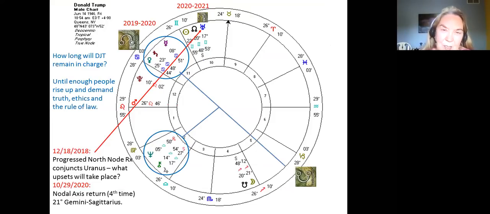And this is a slide I previously used, so I just brought that in there. And basically to show you, here's where the transiting nodes are up here 2019-20. Here's where the nodes go when they go into Gemini, Sagittarius in 2021. I just left that up there for reference.